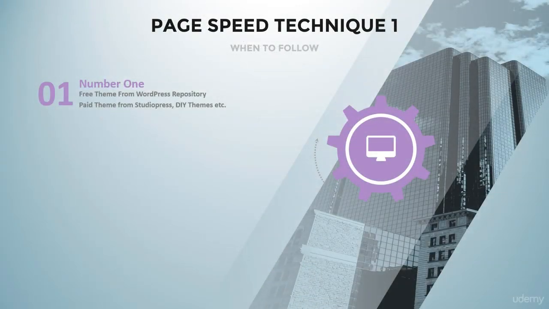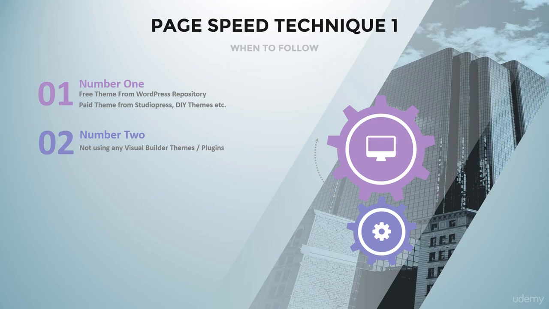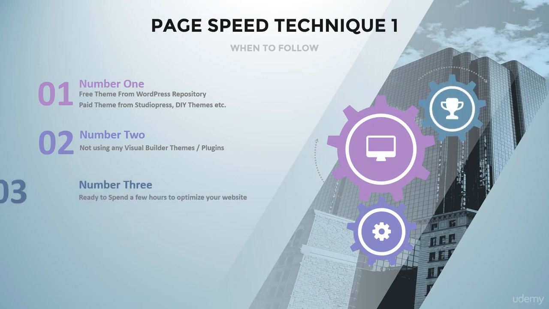Also, you're not using any Visual Builder or drag and drop building plugins, and you're ready to spend a few hours to optimize your website and get a page loading time less than a second and a page speed score above 95% in Google's Page Speed Insights tool.